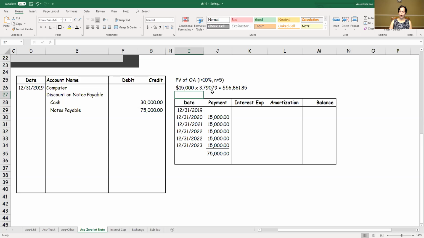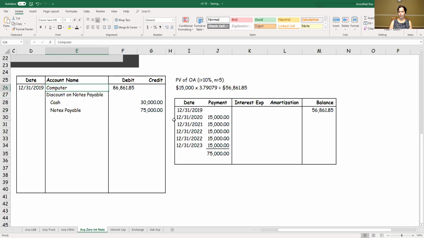Okay, so that's the present value of the note, 56,861.85. That number plus the 30,000 is the value of the computer. So basically, if I had paid all cash for it, I would be paying 86,861.85 for that asset.